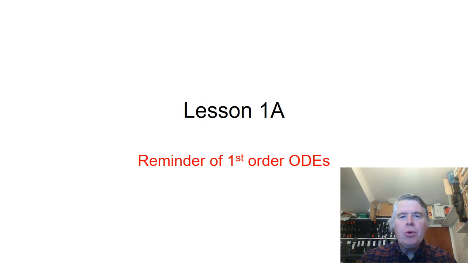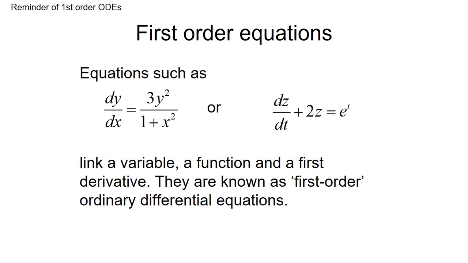Before we go on to second order differential equations, let's have a very brief reminder of first order differential equations that came up towards the end of course 1M1. A first order differential equation is an equation linking a variable x, a function y, and a derivative dy by dx.